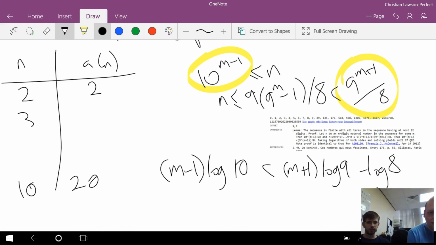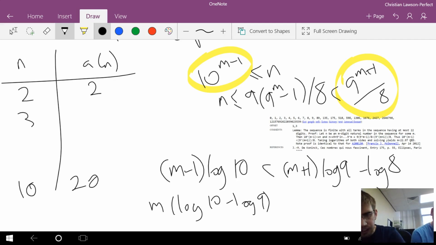No, how do we solve that? This is linear, isn't it? Oh, no. Jeez Louise. Log 10 minus log 9 is, let's say, equal. Log 9 minus log 8, plus log 10.